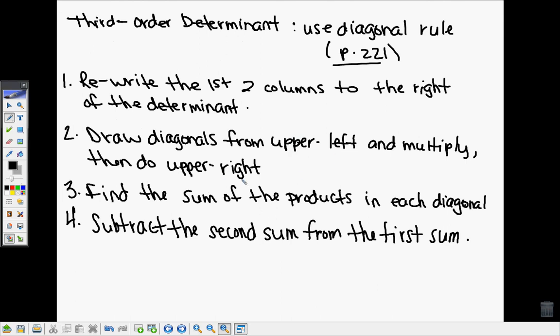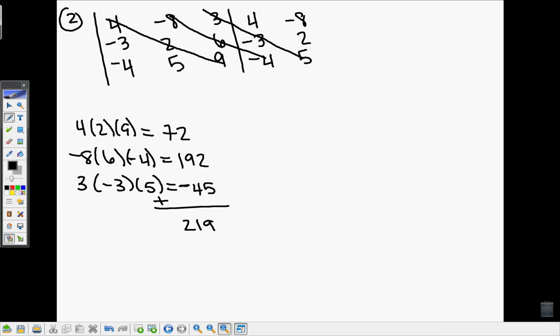Okay, so if we go back to our directions, we just did our upper left and we multiplied. Now we're going to do our upper right. I'm going to try to do this in a different color if I can figure this out. Okay, there we go. So this one is the first diagonal that we can do. So we're going to take -4 times 2 times 3. What do you get? -24.